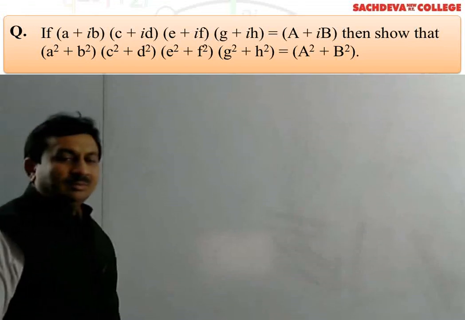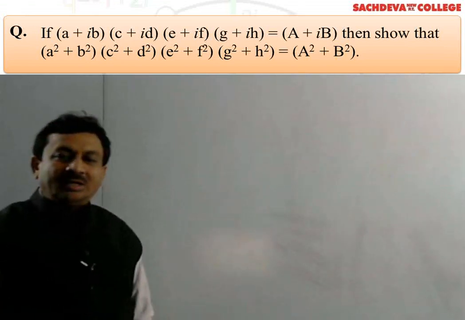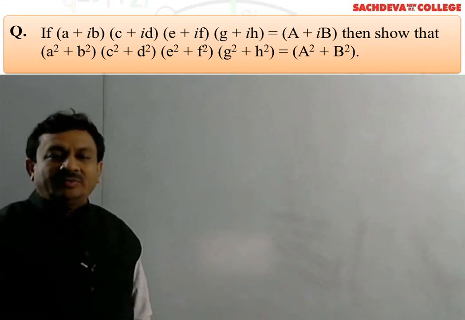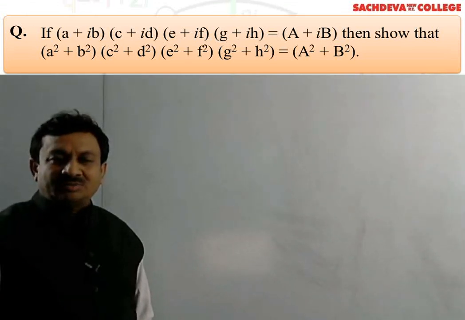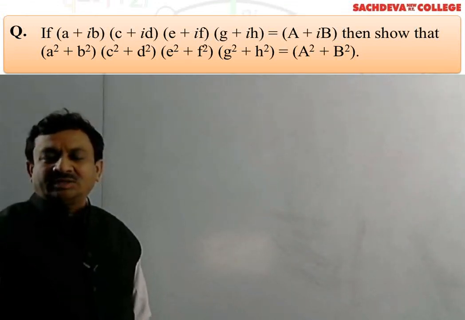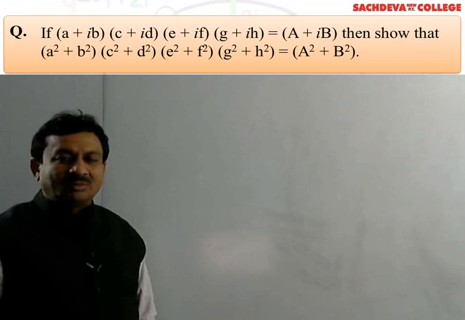Now next problem: if a plus iota b into c plus iota d into e plus iota f into g plus iota h is equal to a plus iota b, then show that a square plus b square into c square plus d square into e square plus f square into g square plus h square will be equal to a square plus b square.